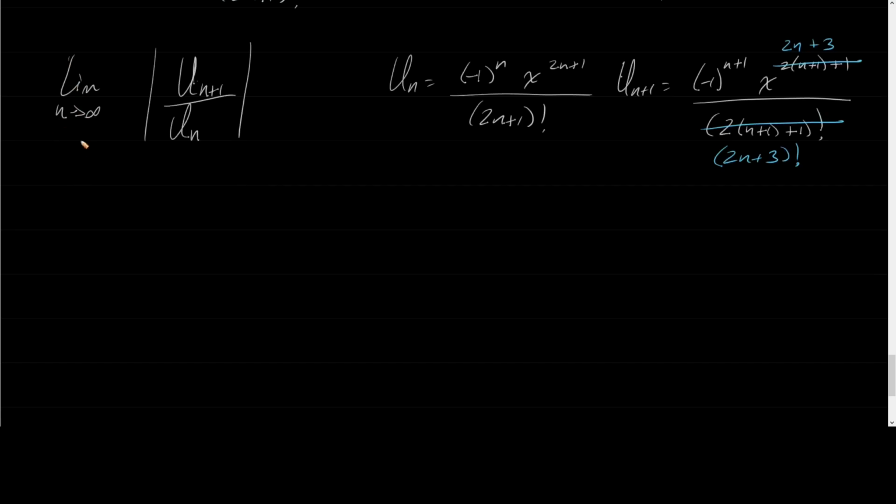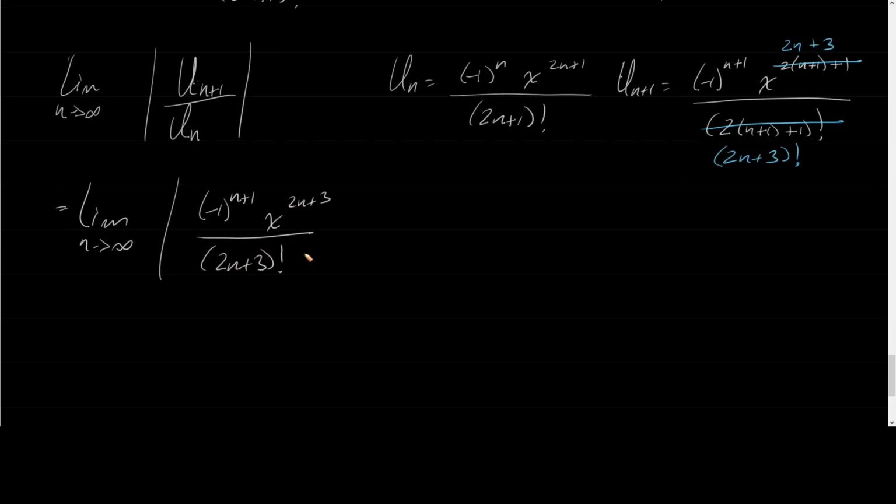We have the limit as n goes to infinity of u sub n plus 1, that big fraction over here: (-1) to the n plus 1 times x to the 2n plus 3 over (2n plus 3) factorial. And we have that divided by u sub n. But u sub n is a fraction, so instead of dividing by that fraction, I'm going to multiply by its reciprocal. So we have (2n plus 1) factorial over (-1) to the n times x to the 2n plus 1.